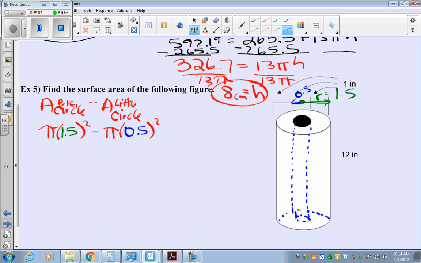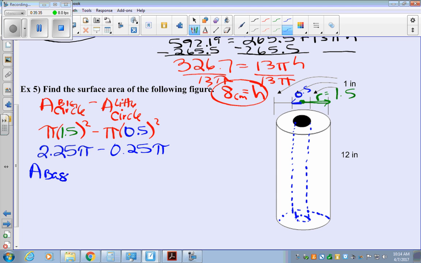Right, so 1.5 squared is 2.25. You can be impressed now, but I did do this yesterday, so it's kind of like cheating. 0.5 squared is 0.25. And 2.25 pi minus 0.25 pi is how many pi's?